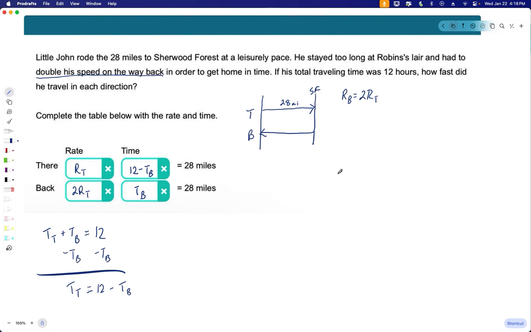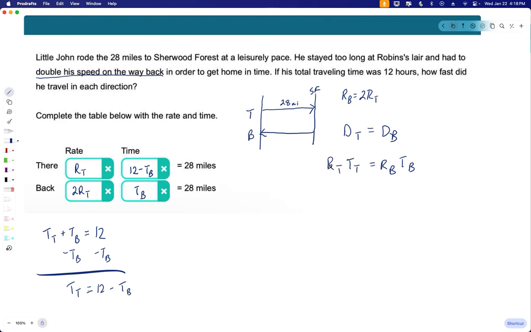So now we can write an equation. We know from looking at this that the distance there is equal to the distance back. So that means the rate there times the time there is equal to the rate back times the time back. We have a rate there and a rate back that we can substitute in.